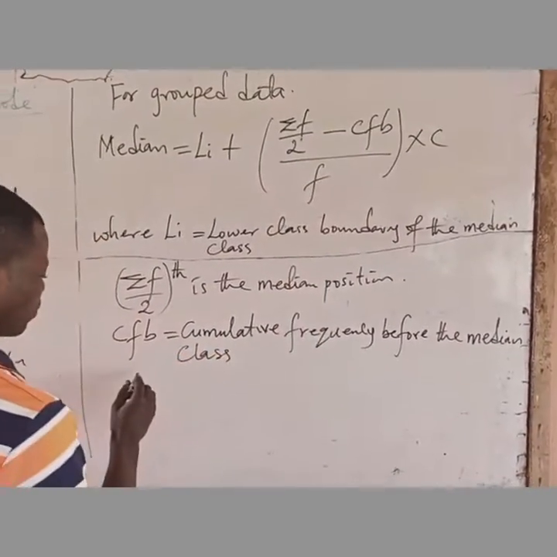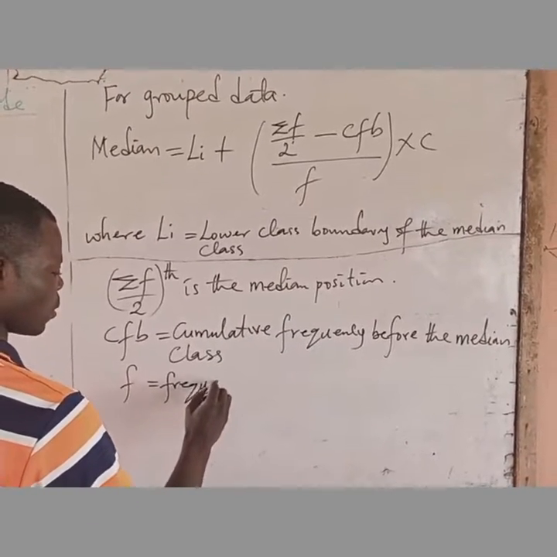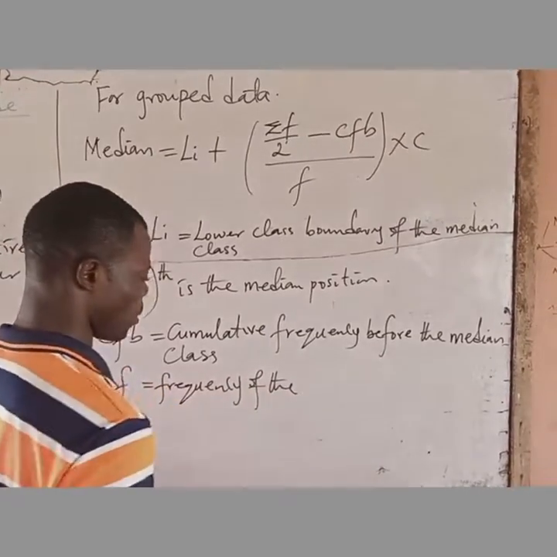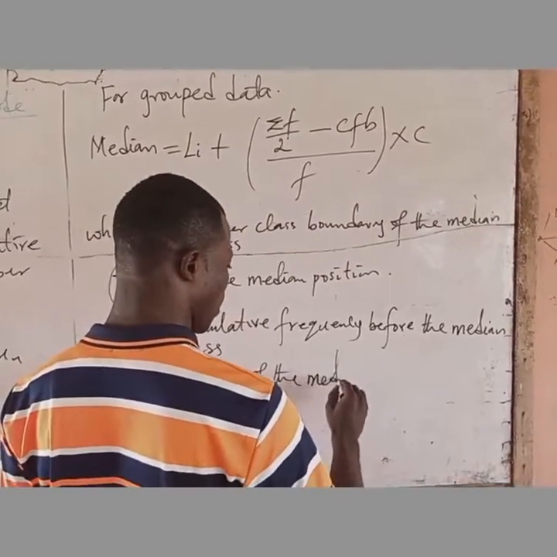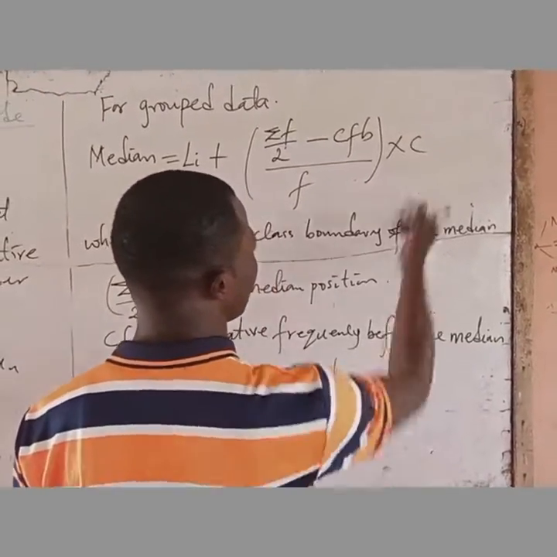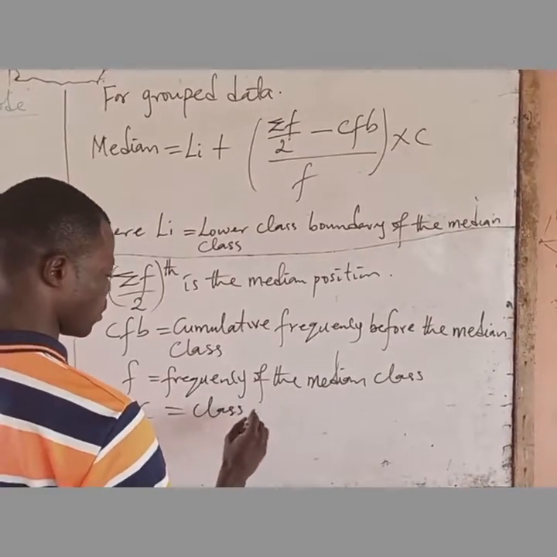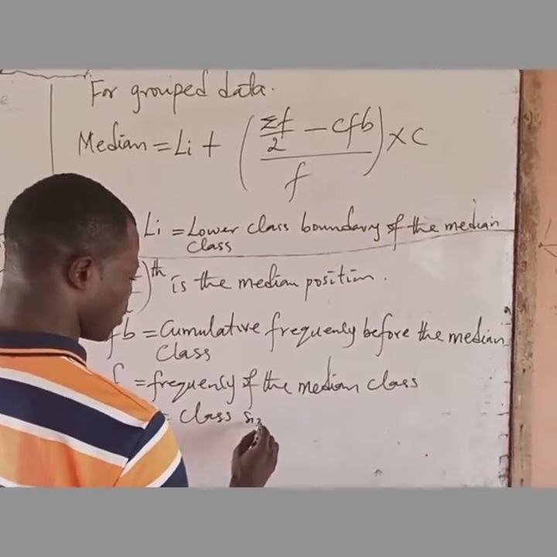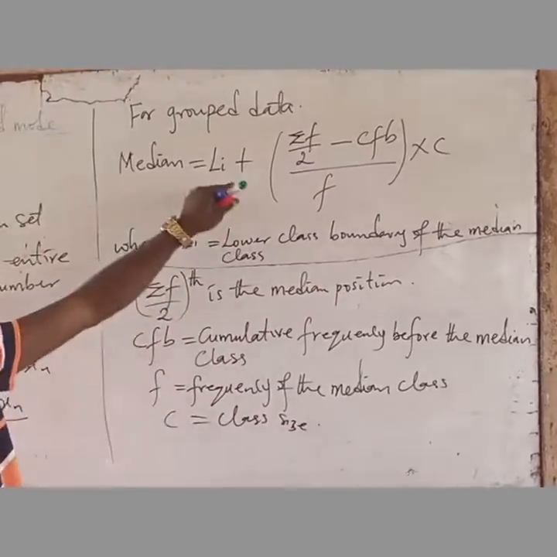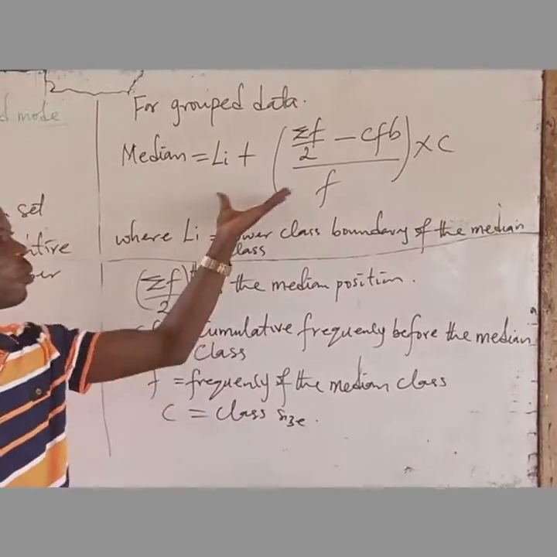F here is equal to the frequency of the median class, and C is equal to the class size. So this is the formula to calculate the median of grouped data.